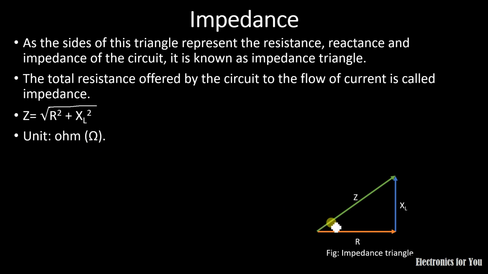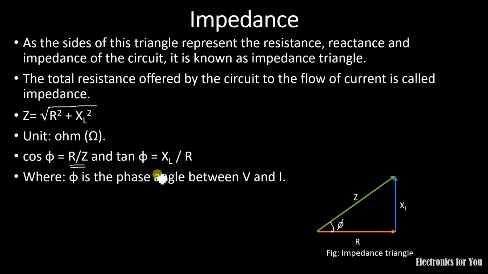The phase angle phi can be calculated using cos phi equals R upon Z, and tan phi equals XL over R. Thus we can calculate the phase angle phi, which is the angle between voltage and current. Thank you.